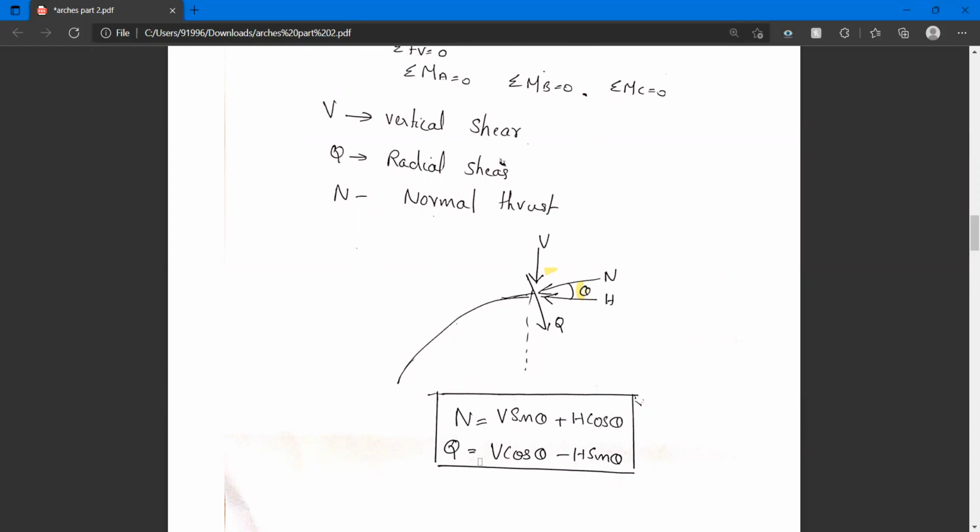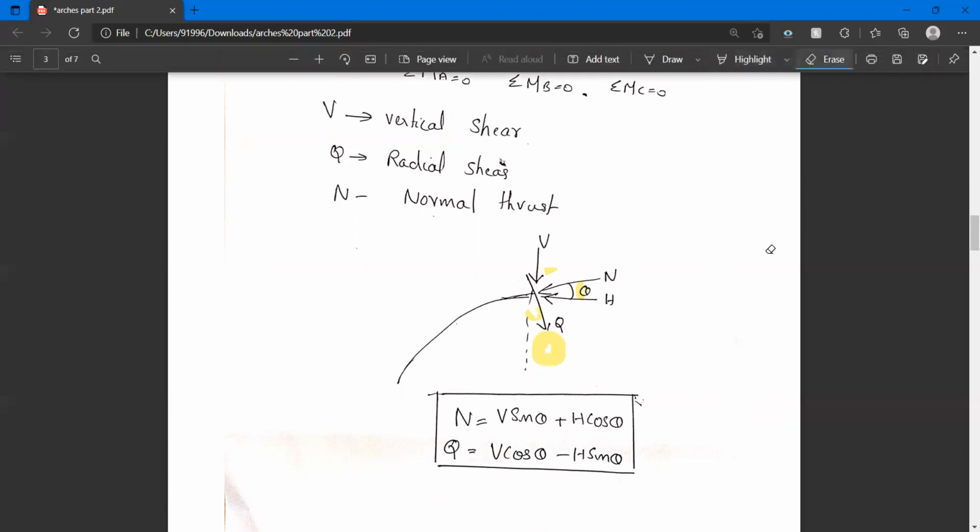Similarly, Q can be written as follows. You can extend V downwards. If this angle is theta, then this angle is also equal to theta. So Q can be written as V cos theta minus H sin theta.